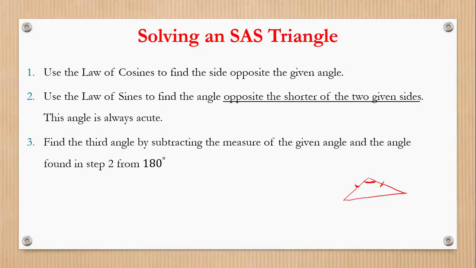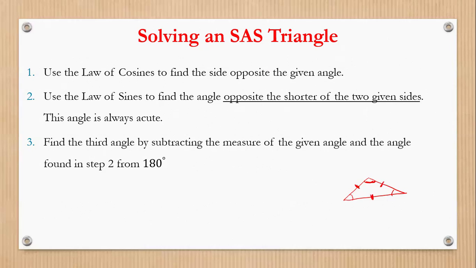It's called SAS, and now I want to solve this triangle to find the third side and the other two angles. So the first step for solving these triangles is using the law of cosine to find the opposite side. When you have two sides, you use the law of cosine to find the third one.